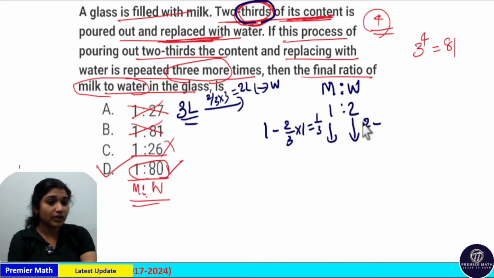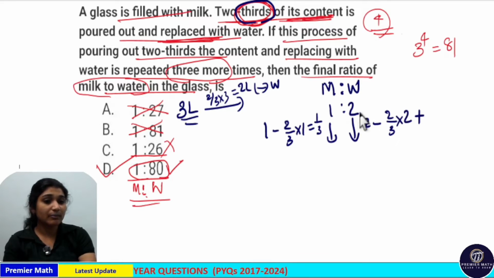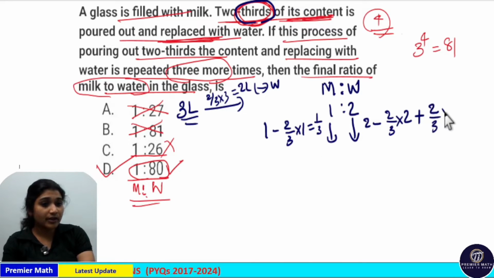From this 2 liters you are taking out 2/3 of 2 liters, and you are replacing the total amount taken with water. The total amount taken is 2/3 of the total 3, so 2/3 of 3 is the amount replaced with water.